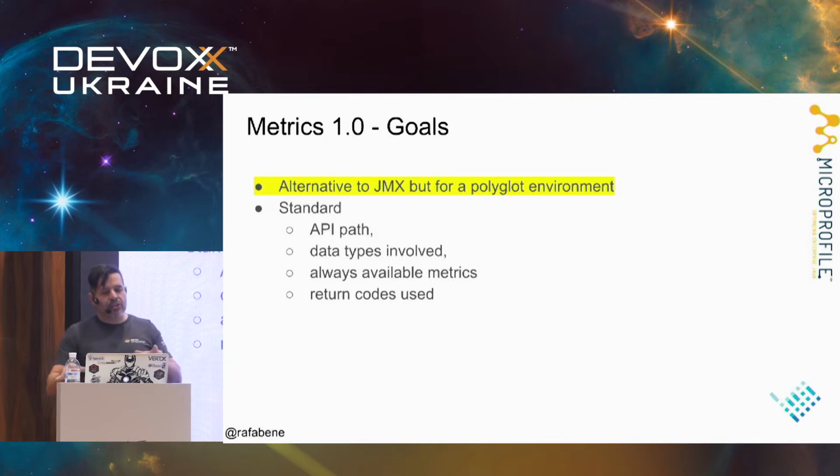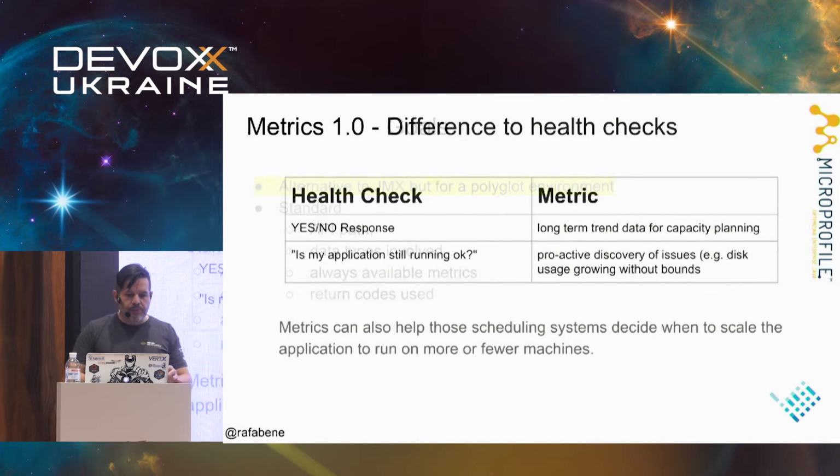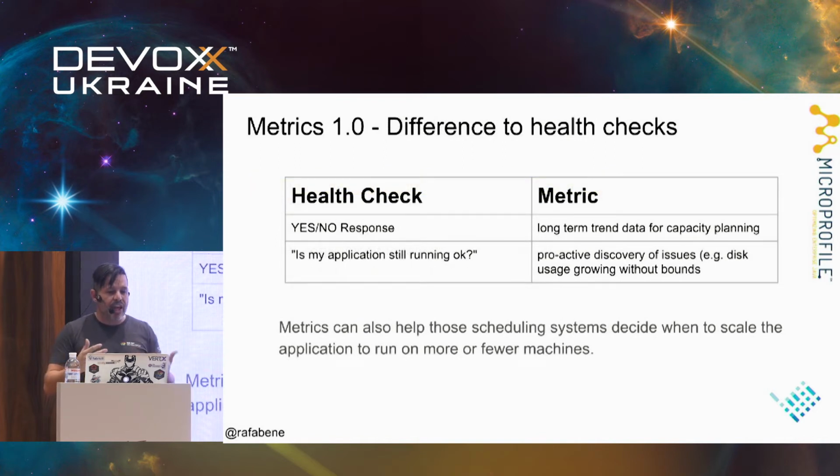And because we are talking about microservices, we need to have a standard way, a polyglot way. So the difference is, with health check, you can just say, is my service healthy? Yes or no response. But with metrics, I can collect long-term data for capacity planning.